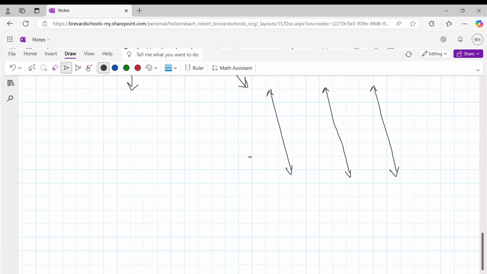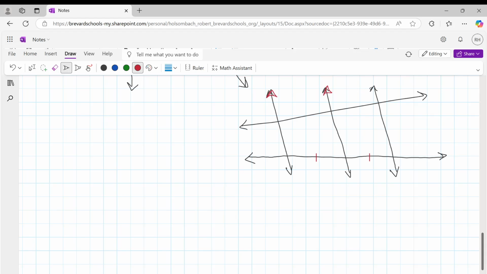And they're cut by 2 transversals. We're told that this piece is congruent to this piece.